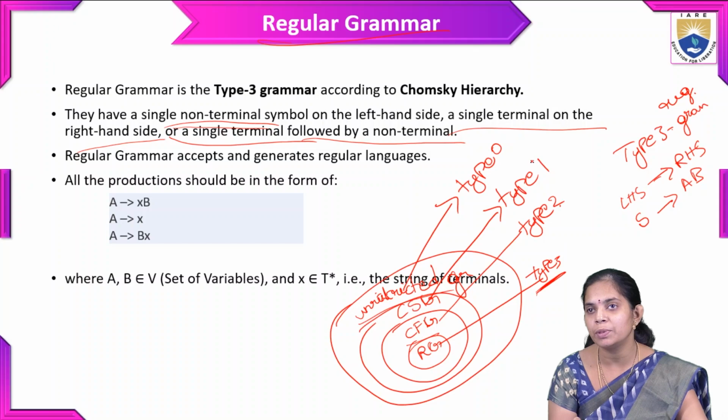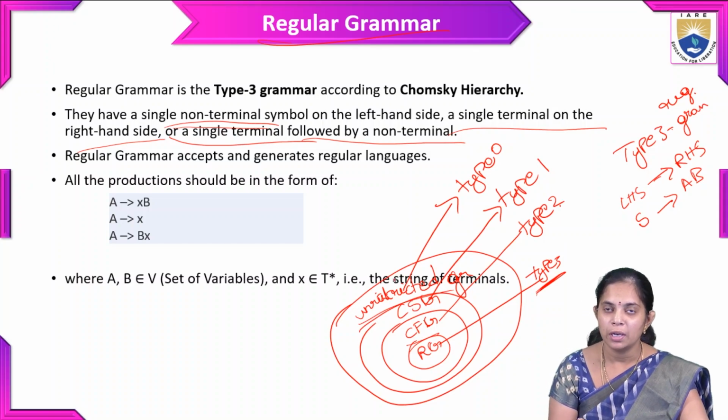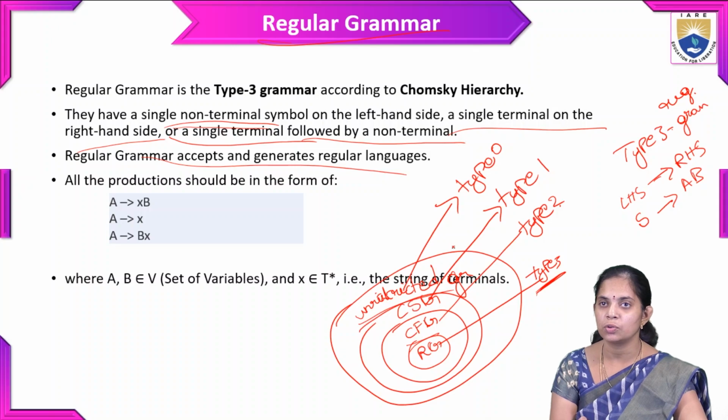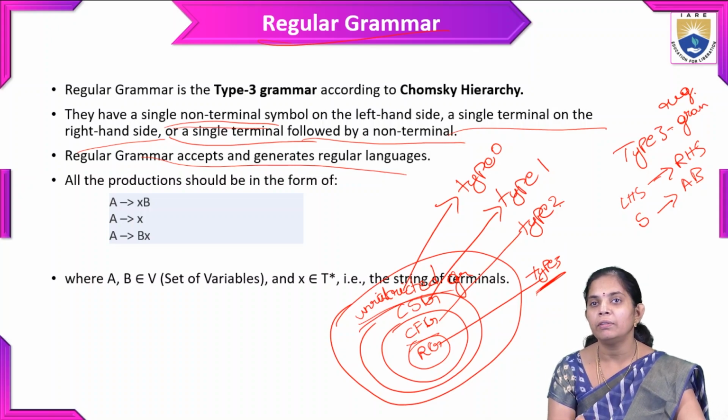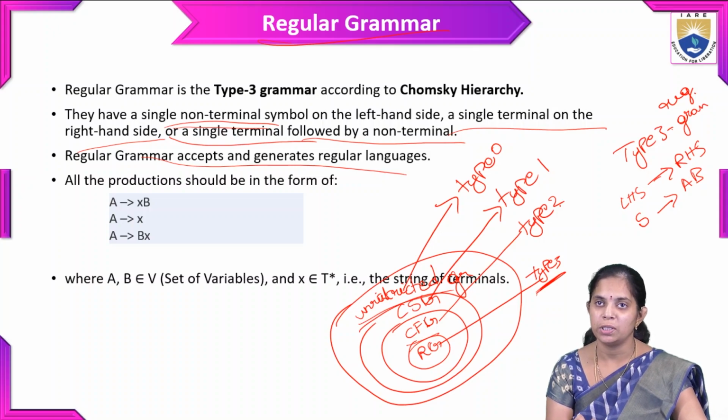These are all the possible production rules for the regular grammar. This grammar accepts and generates the regular languages.